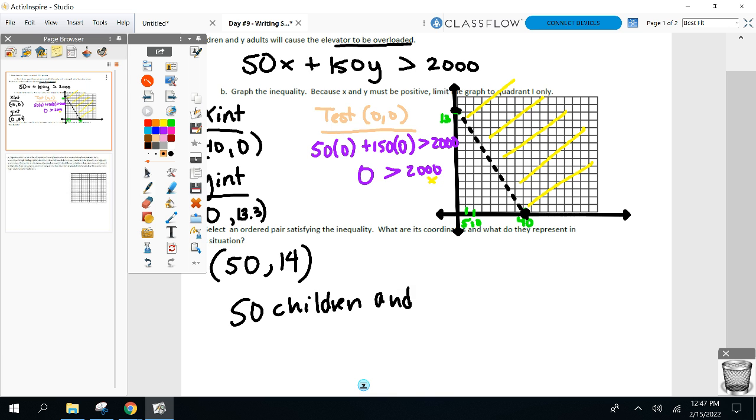And 14 adults. What happens? Will cause the elevator to be overloaded. Overloads the elevator. That's how these work. Did you have to give me 50 and 14? No. 120. Anything in the shaded region would work.